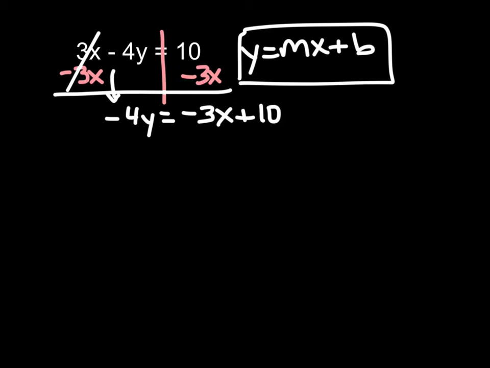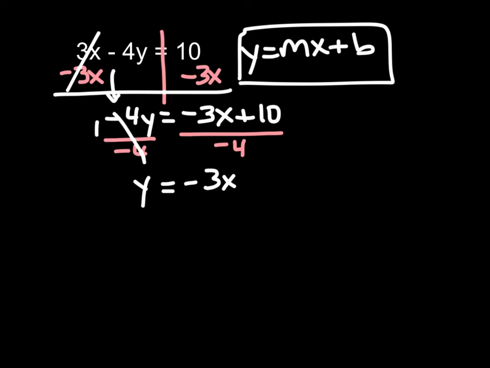Now we're going to divide both sides by -4 so that we can get our y value alone. -4 divided by -4 is 1. And now we have y equals what's on the right here. So -3x plus 10 over -4. Remember, earlier we were just done at this point. We said we've solved for y, and that's great.